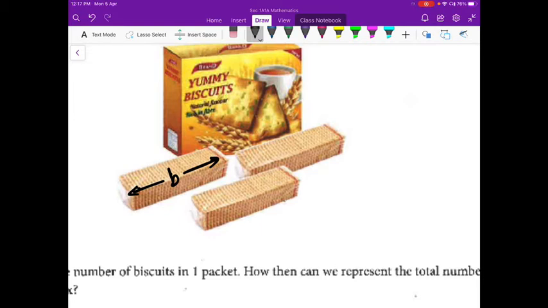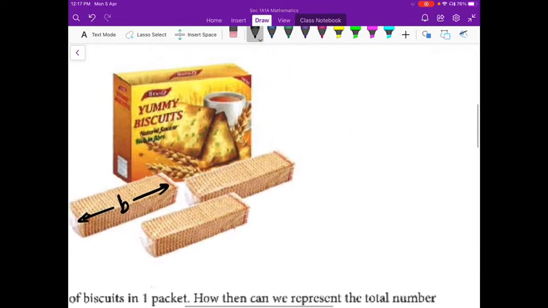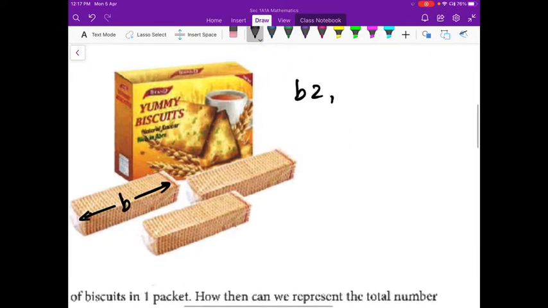Okay, so if there are B number of biscuits in one bag, how many biscuits are there in two bags? B2? Okay, wait. So I heard many things. First I heard B2, then I heard 2B, then I heard B plus B equals to 2B.